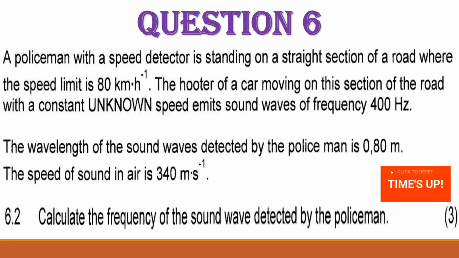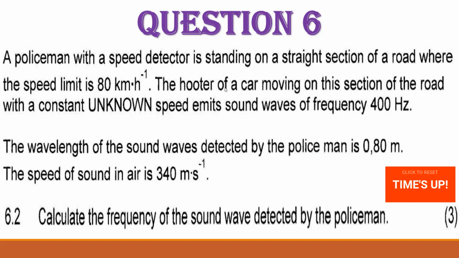Okay, calculations coming now. To answer the question and make sure everything is fine, you can write down what we know. So let's see, a policeman with a speed detector is standing on a straight section of road where the speed limit is 80 km/h. The hooter of a car is moving.